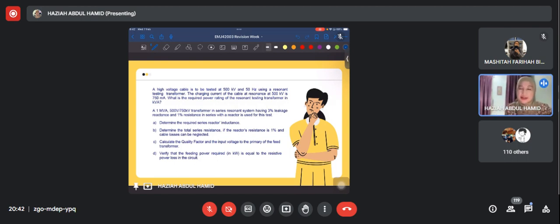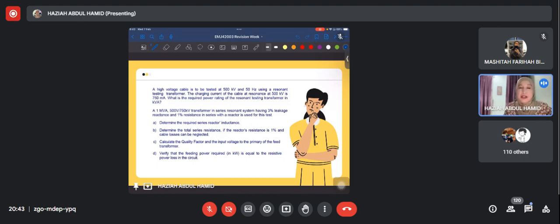Just focus on the series resonance circuit. You can have series resonant, parallel resonant, cascade testing transformer. But for question number 1, you can only focus on series resonance circuit, with the supply coming from testing transformer.